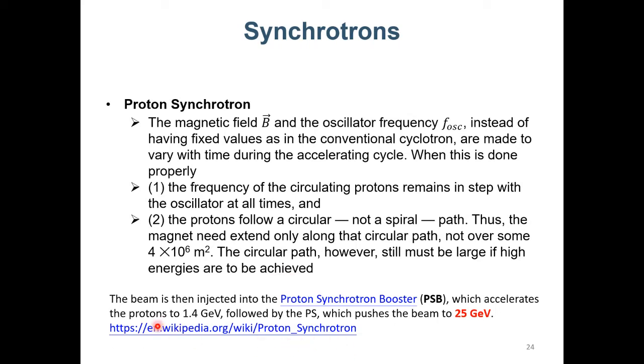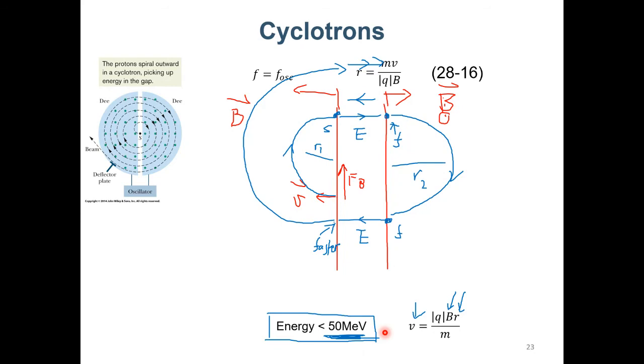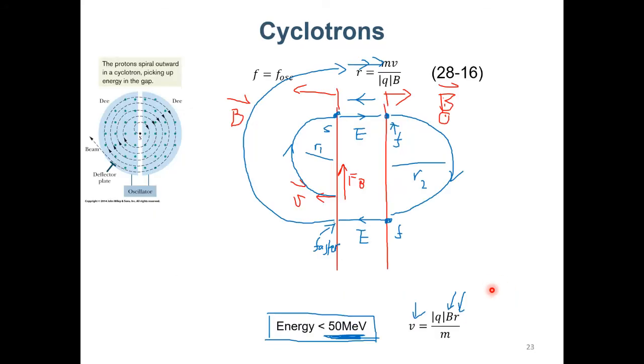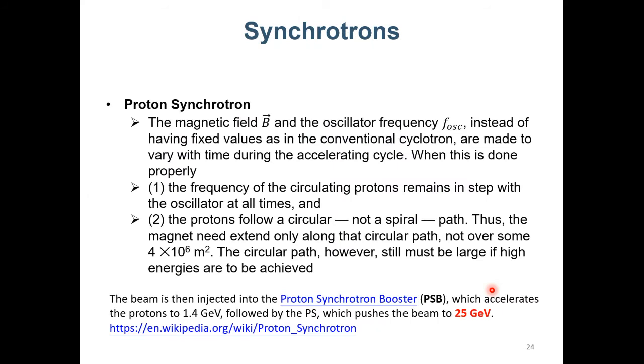On Wikipedia, we can check the proton synchrotron. The beam is injected into the proton synchrotron booster, which accelerates the proton to 1.4 GeV, followed by the proton synchrotron, which pushes the beam to 25 GeV. So compared to this one, we can have a 500 times larger energy.